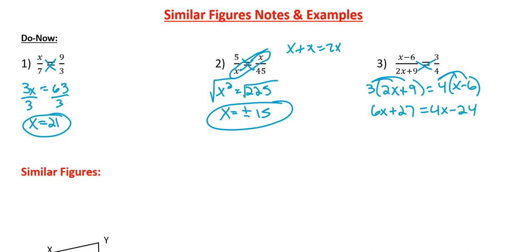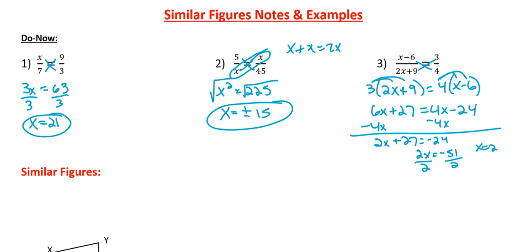We'll subtract the 4x from both sides, and we're left with 2x plus 27 equals negative 24. We subtract the 27, we end up with 2x equals negative 51. Divide by 2, and x equals negative 25.5.